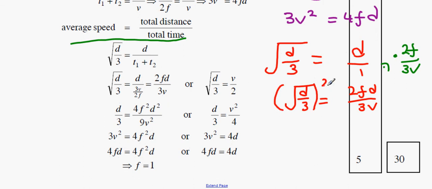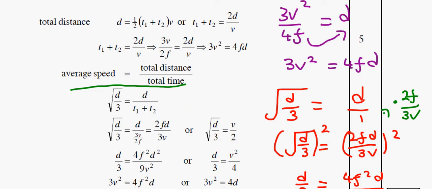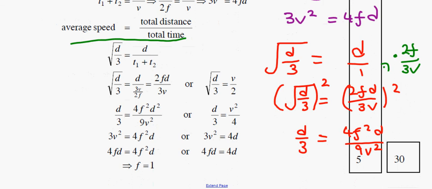Square both sides, just to be careful here. And what we're going to get is d over 3 equals 4f squared d all over 9v squared. So what we need to do here is cross multiply.